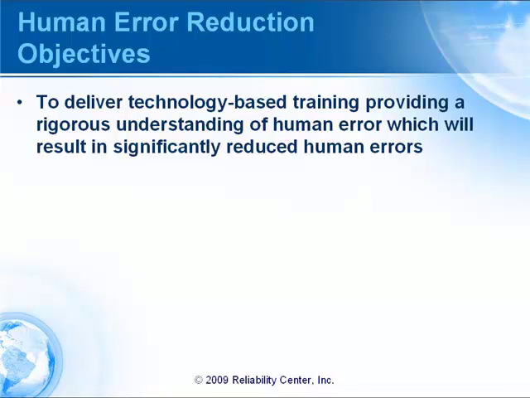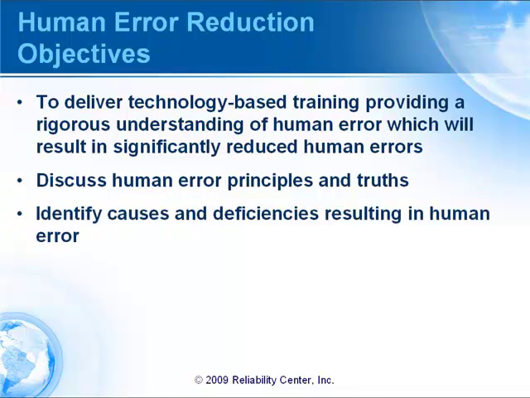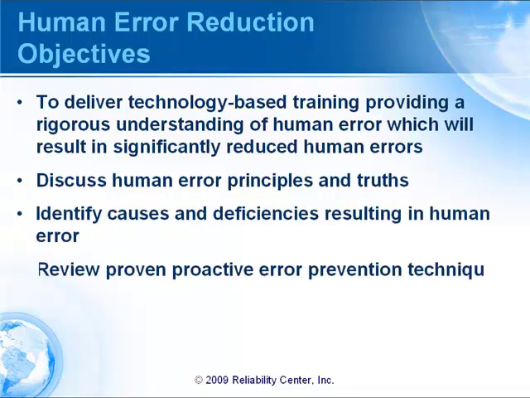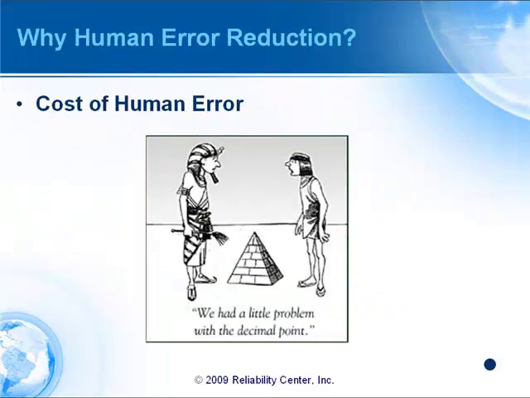There's always more than one root cause for an accident or incident. We'll discuss human error principles and truths, identify causes and deficiencies resulting in human error, review proven proactive error prevention techniques, review ways to improve human performance, and of course, we'll look at the costs of human error.